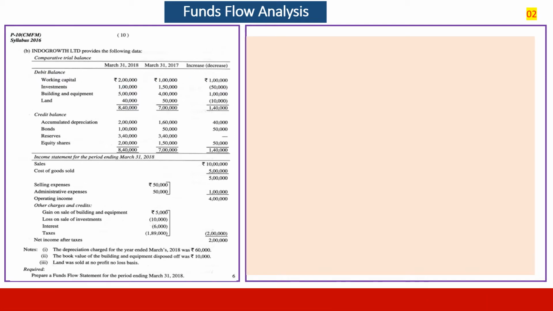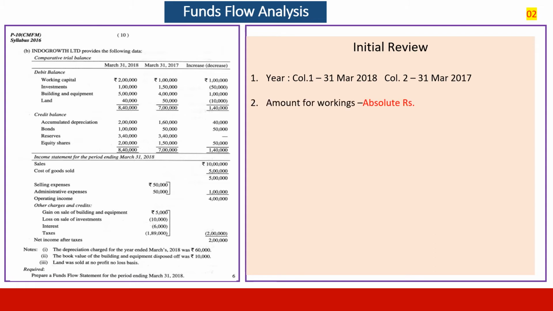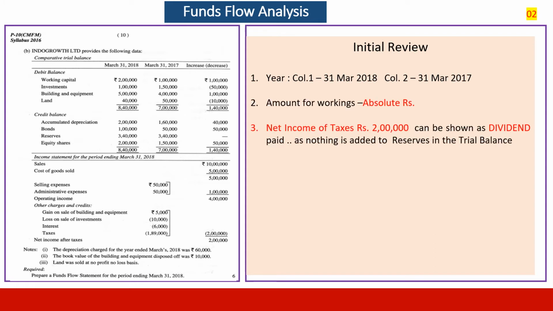What do we find from an initial review of this problem? First column is 2018, current year. Second column is 2017, 31st March both. Amount in absolute rupees.